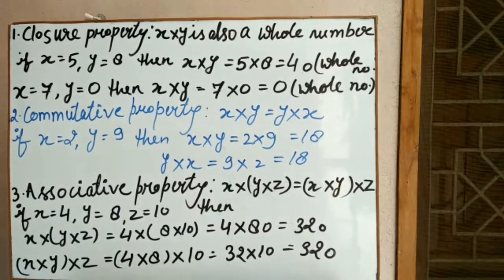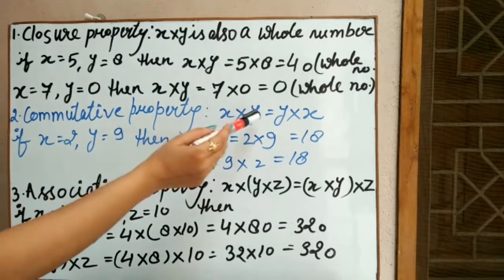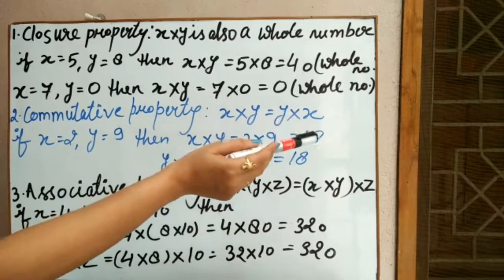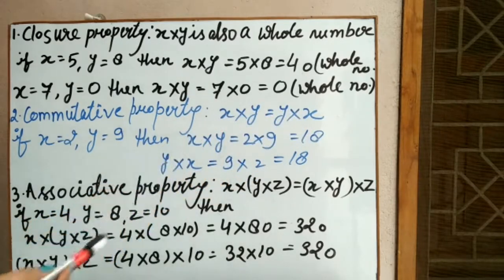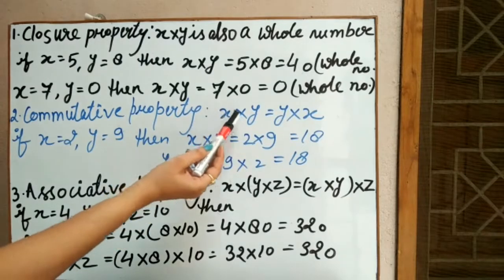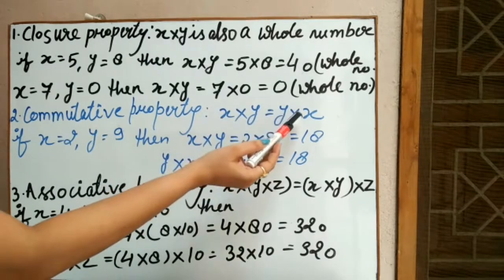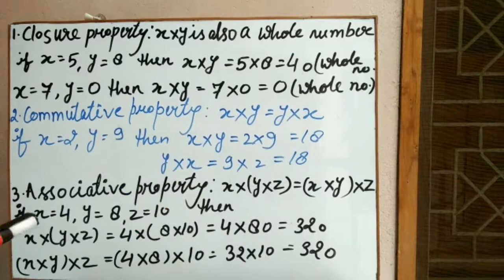The next property is commutative property. What is commutative property? If x and y are two whole numbers, then x into y is equal to y into x. Let's see an example.